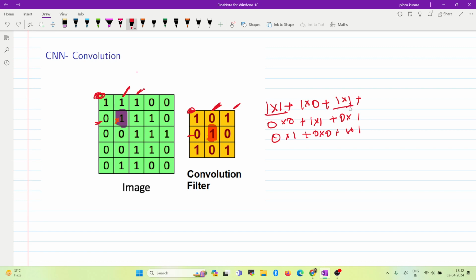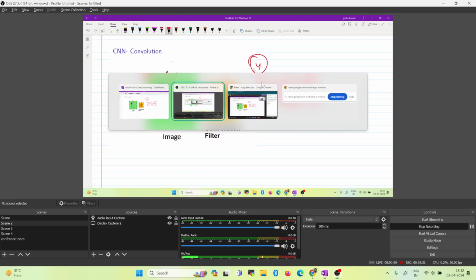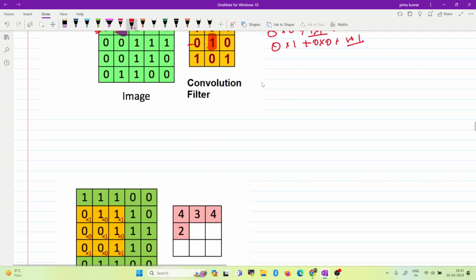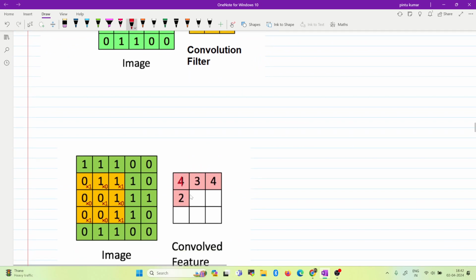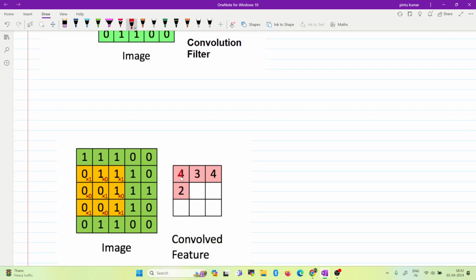So there is 1, 2, 3, 4. The value that we obtain is 4, right? So this is how the first entry of my convolved feature would look. The first entry would be 4.